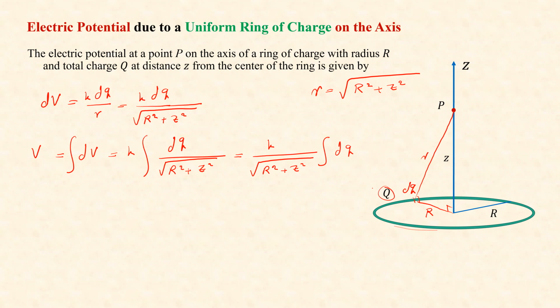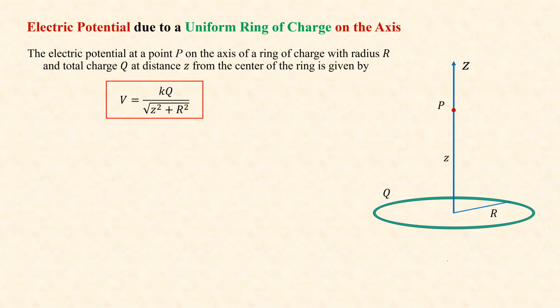So what do we get? We get the total charge. So V becomes kq over the square root of r squared plus z squared. You see, because all of the charges are at the same distance to point P, they all add up and we get a very simple formula.